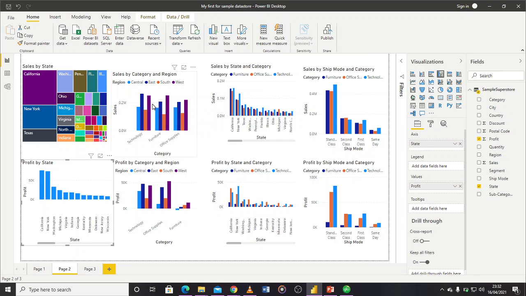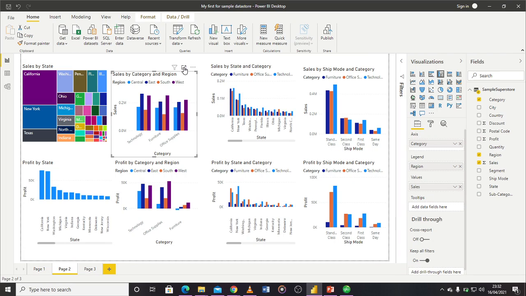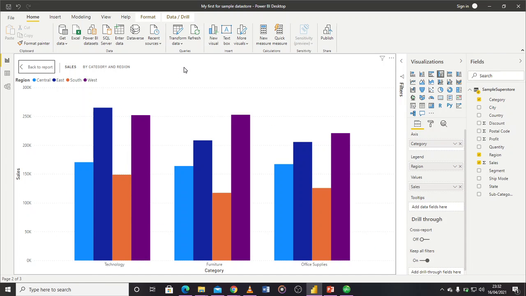If you look at sales and profits with two features combined, first looking at sales, you can see that all around in the south region, sales are lowest of all categories: technology, furniture, and office supplies.